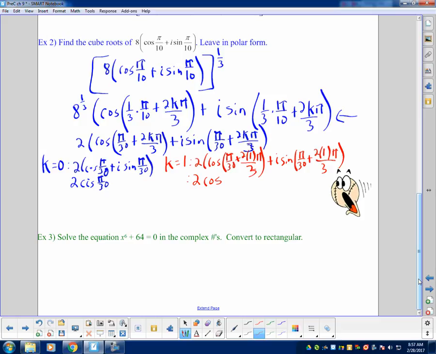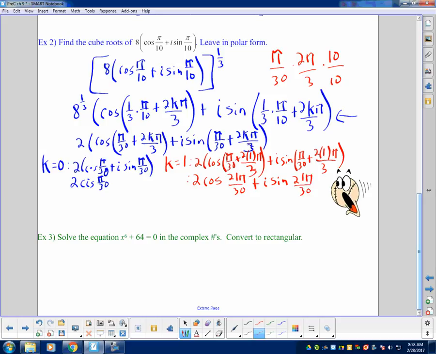You have to multiply top and bottom by 10. So that's actually 20 pi over 30. So I end up with cosine of 21 pi over 30 plus i sine of 21 pi over 30.